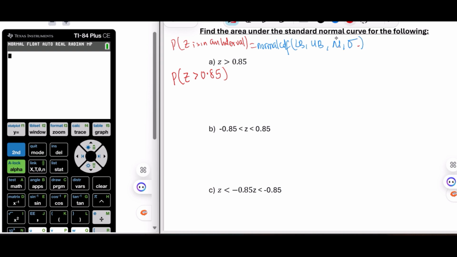This is the general approach, and recall that the mean is always 0 and sigma is always 1. So this is the general approach to show that you have z in a particular interval.